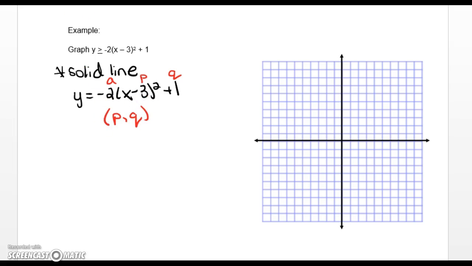And one thing that's really important to remember is that in our equation here, you have to take the opposite value of p. So if you see x minus 3, then your p value is positive 3. So p is positive 3, and then q is just the regular value, so it'll be positive 1. So our vertex is at (3, 1).